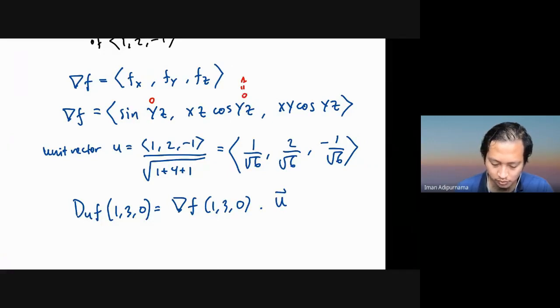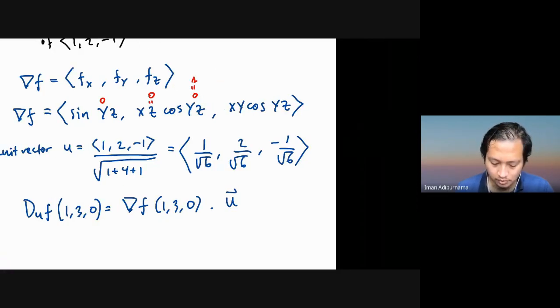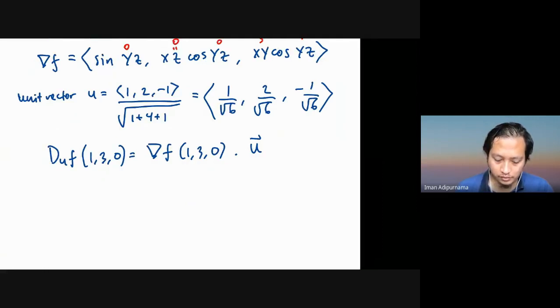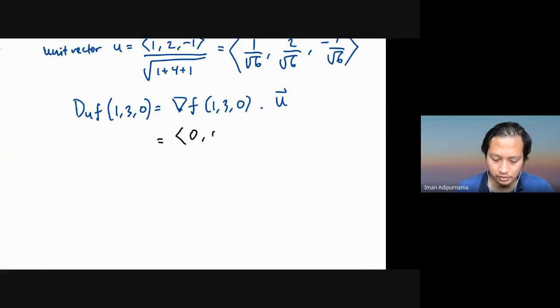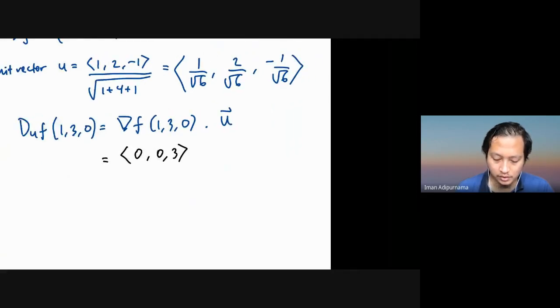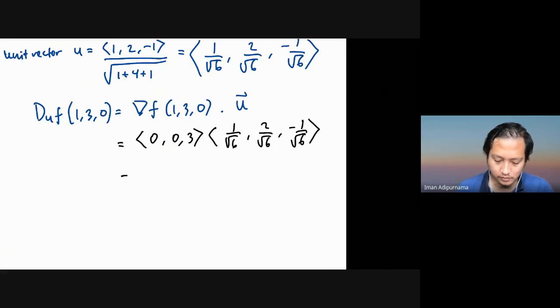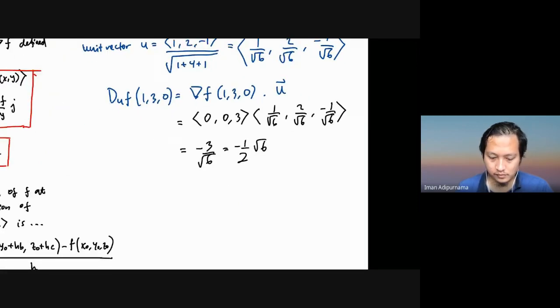Cos 0 is 1, but it's another 0, right? And this is 3, and this is 0 and 1, so it's (0, 0, 3). So you have (0, 0, 3) dot with the unit vector, and you only have this.